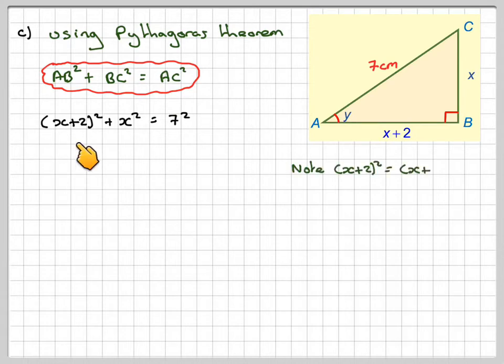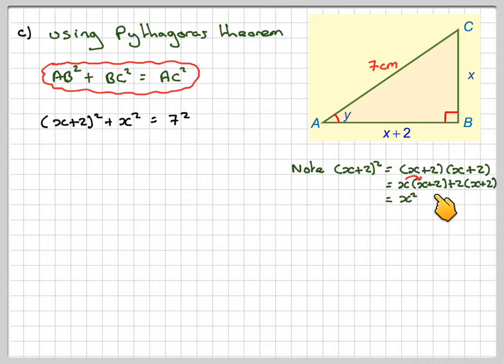Now if we want to expand x plus 2 squared, notice x plus 2 squared is x plus 2 times x plus 2. So it's going to be x times x plus 2 plus 2 times x plus 2. Expanding the brackets we get x times x, which is x squared, x times 2, which is 2x, 2 times x, which is 2x, and 2 times 2, which is 4.